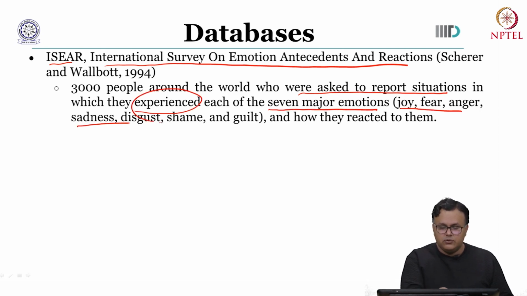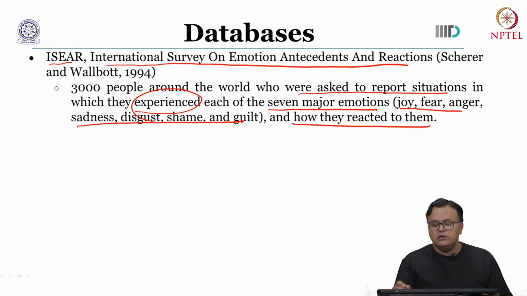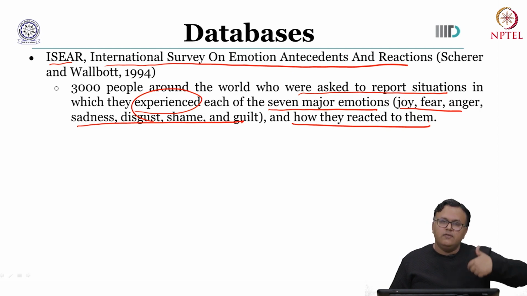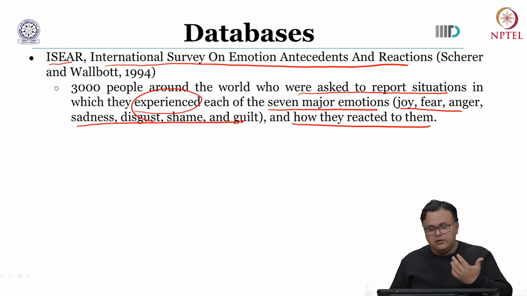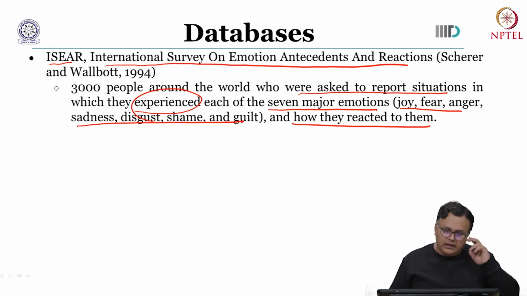So it's a categorical approach. And they were also asked how they reacted to them, right? So the user will recount an event and then write about it, and when they are recalling an event, the emotion would be elicited.